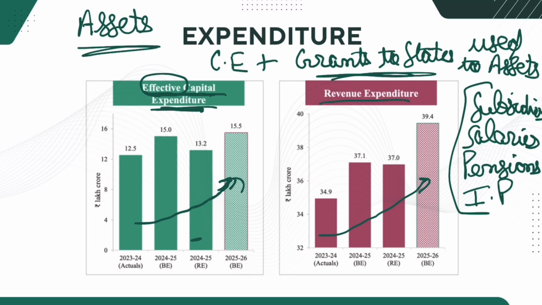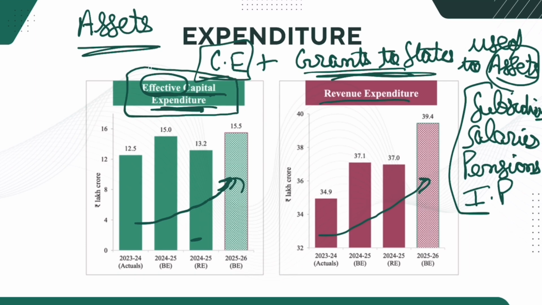But if those grants are used to build capital assets, then this would be added to capital expenditure of union government, and a new category would be created, effective capital expenditure. So if effective capital expenditure is increasing, this is basically good news for the government.